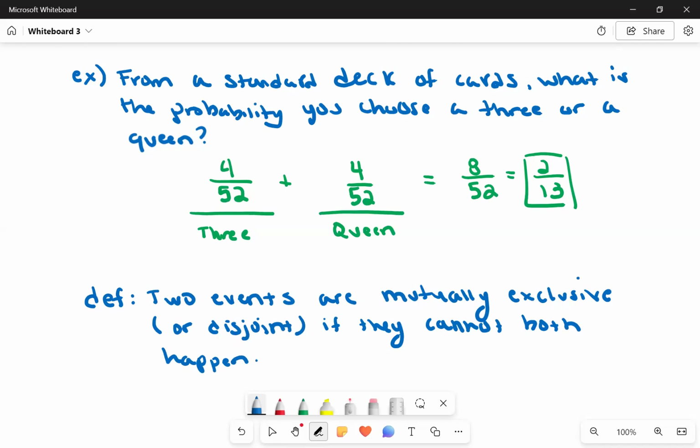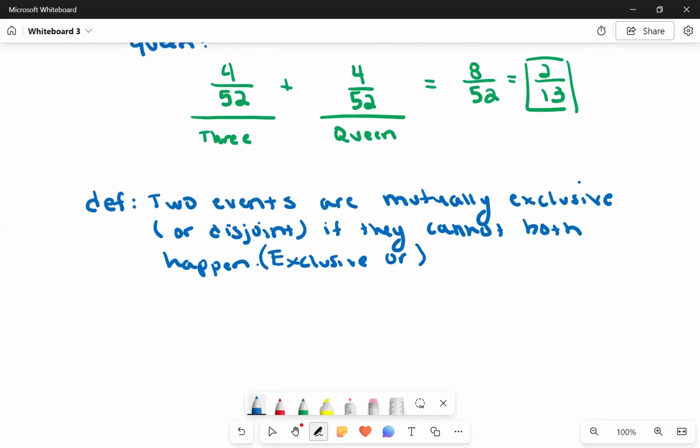Meaning it has to be one or the other. They're exclusive. And it makes sense since we are literally using the words mutually exclusive. It's an exclusive or. So here's how you find the probability when you're working with mutually exclusive events. You just take them and add their probabilities together.